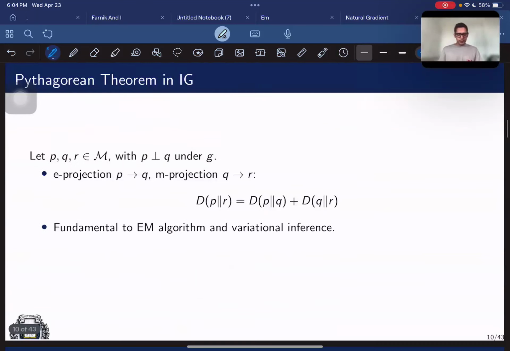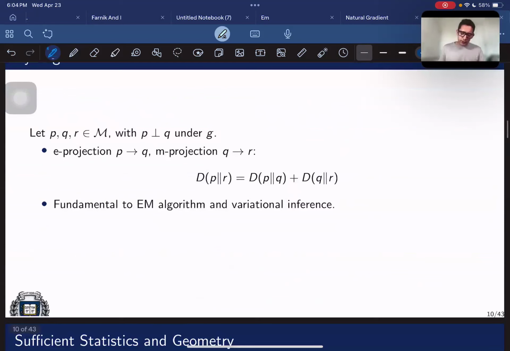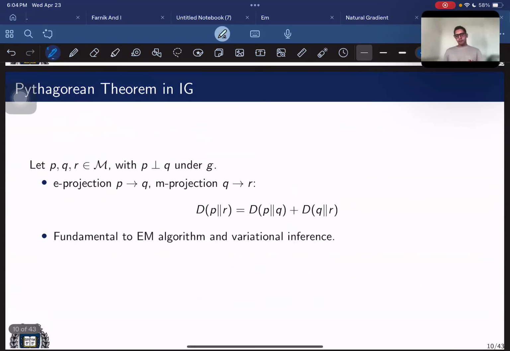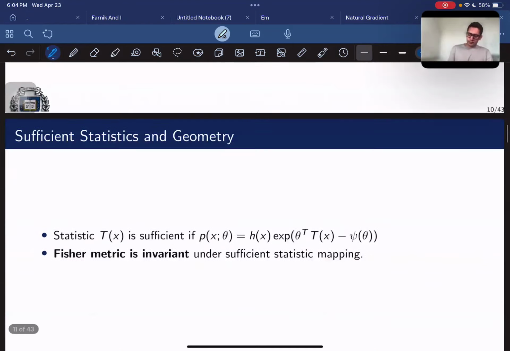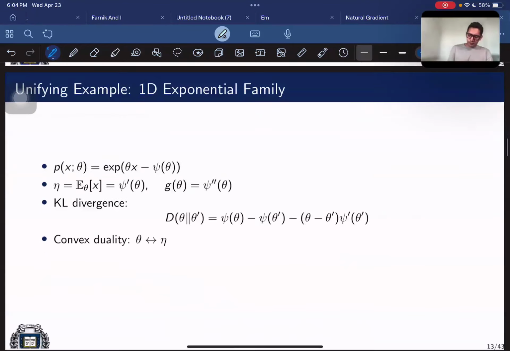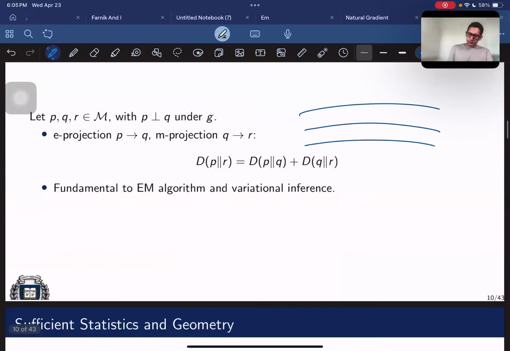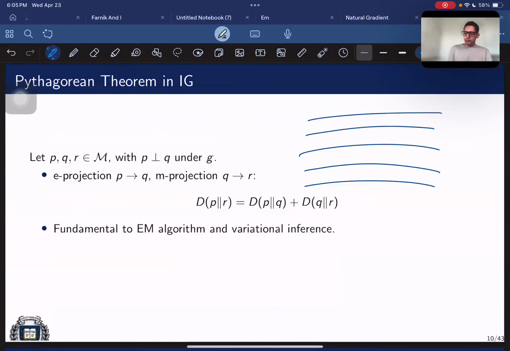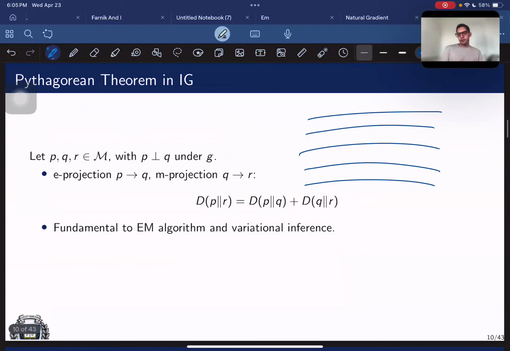And finally, we found this nice Pythagorean theorem in information geometry. So if you parameterize your space with the eta, you see that the mixture model would create -1 geodesics, which are flat.